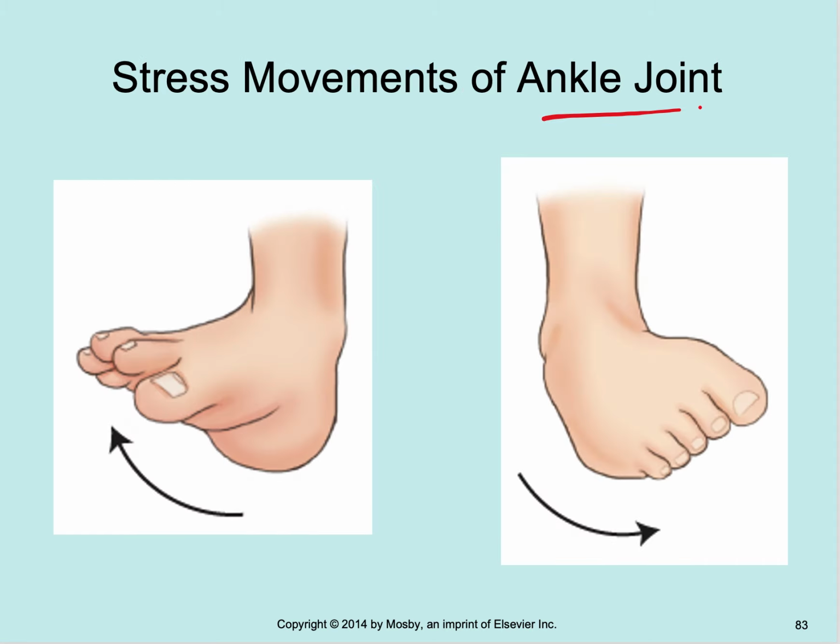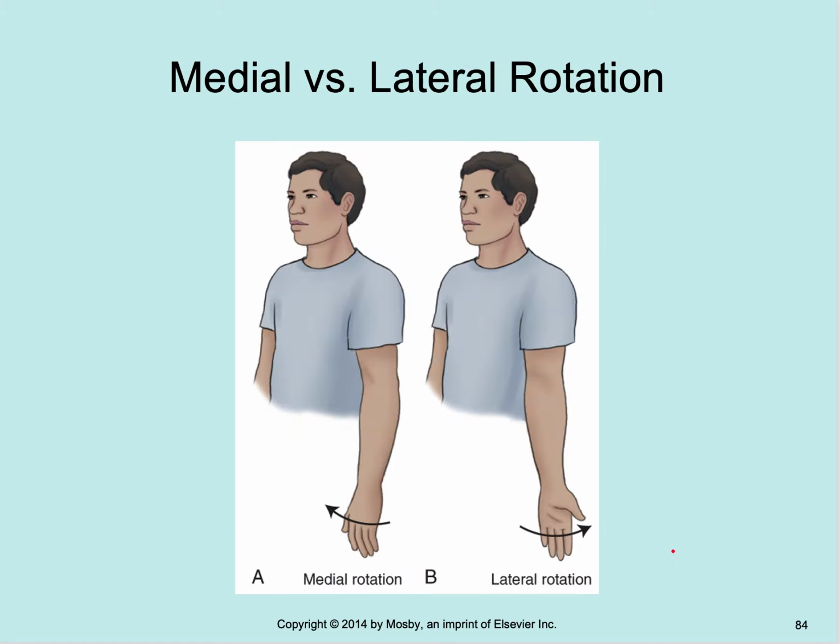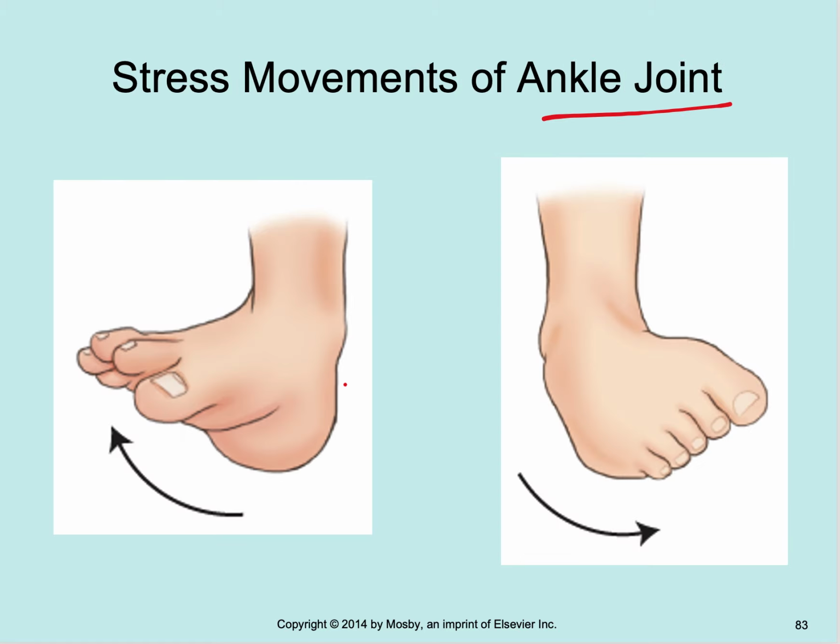Stress movements. This is stress movements of the ankle joint. So inversion, eversion. So eversion away from the body, inversion towards the body. So this is away from your midline.